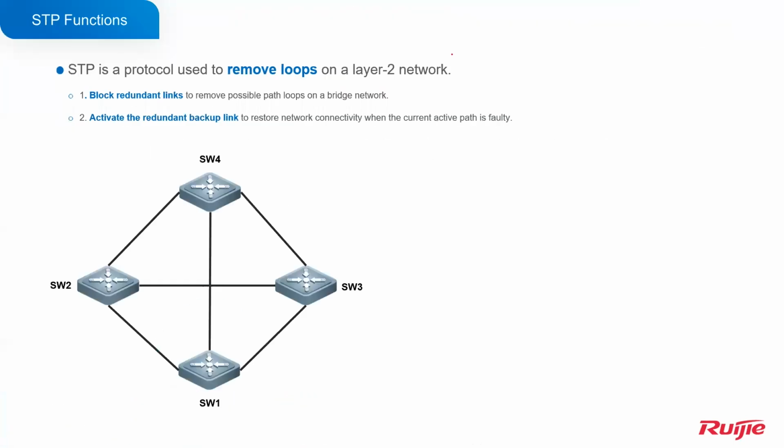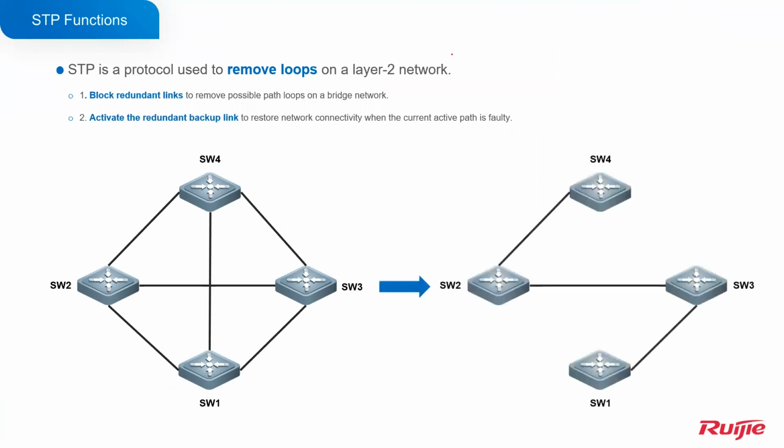Firstly, about the STP, let's see the function of it. STP is a protocol used to remove loops on a layer 2 network. To prevent loops at the layer 2 network, firstly, we should block some redundant links. In this way, we can remove some possible path loops on the bridge network. For example, like this. On the figure, you can see we have some loops on the left, right?